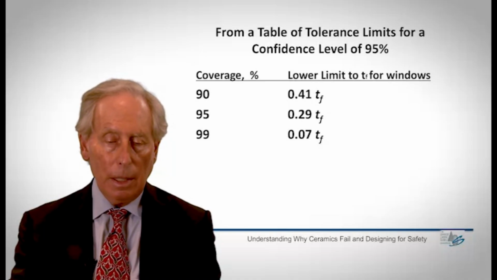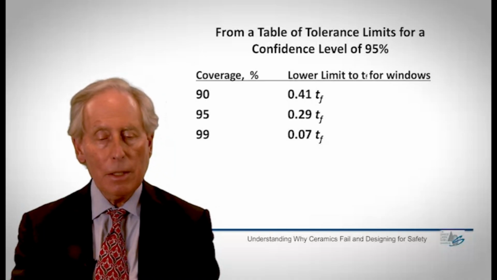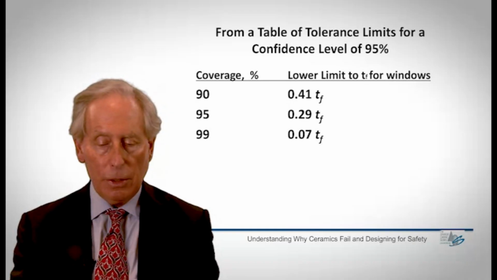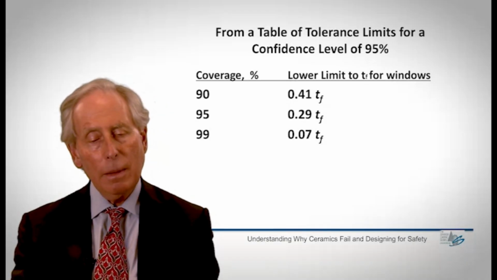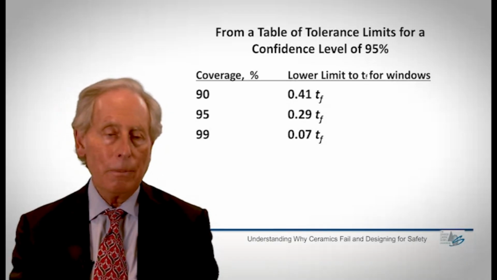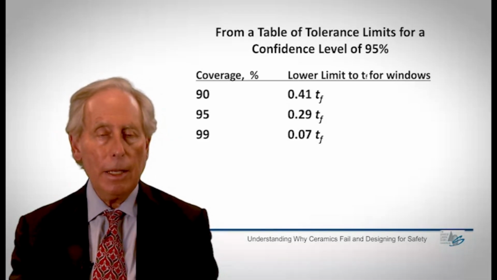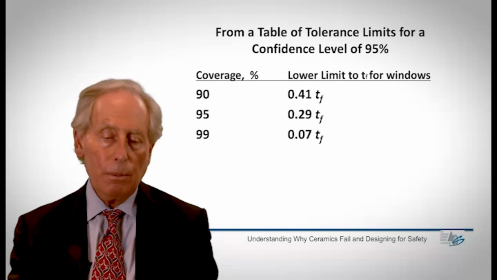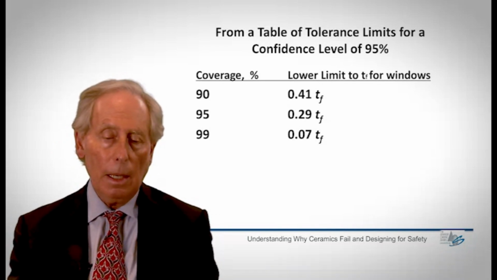That's important. But as you go from specimens to components, again, you expect that you're going to see a difference in the numbers that you achieve. And so this analysis can be applied to any material. I showed you the kind of data you need. Some easier or harder to obtain, but the procedure is very straightforward.